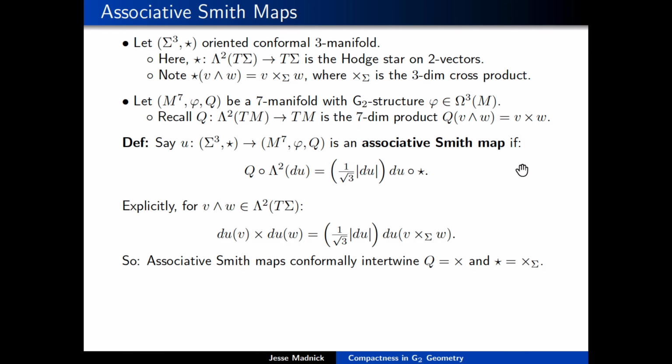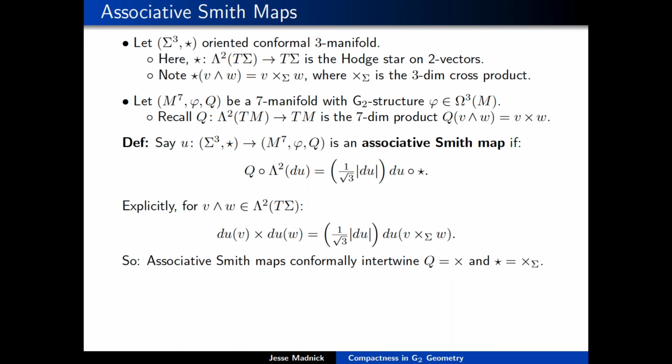Okay, what is this saying? Both sides of this equation take as inputs 2-vectors. So just for concreteness, let's plug into both sides v wedge w, a decomposable 2-vector. Then the left-hand side becomes du v cross du w. The right-hand side is this strange factor times du of v cross w.